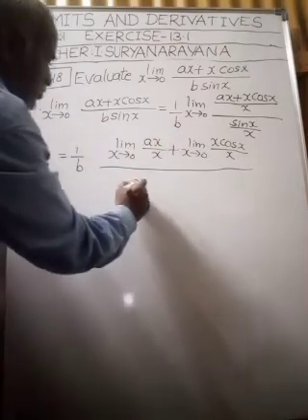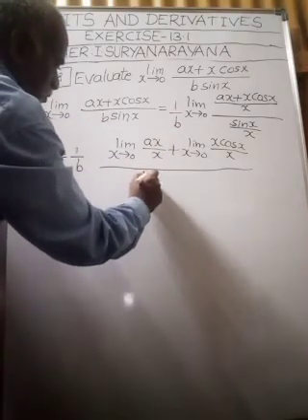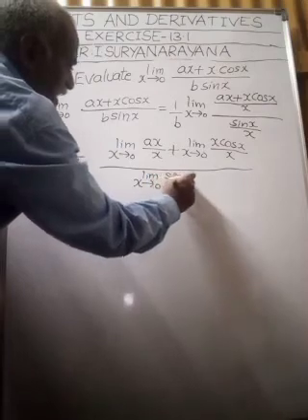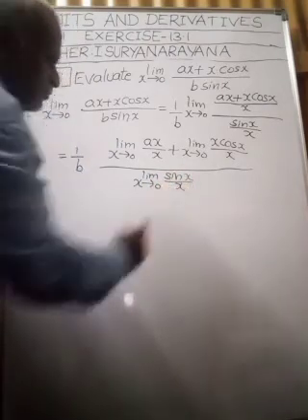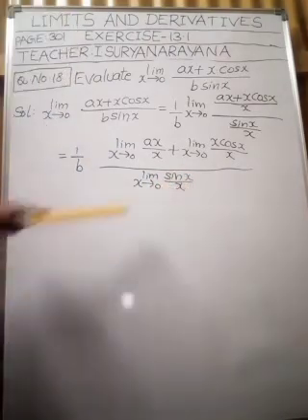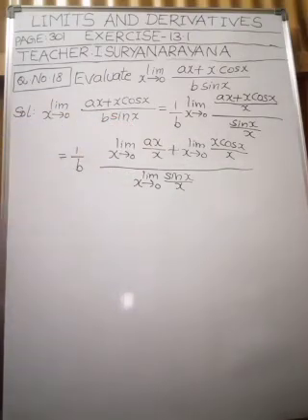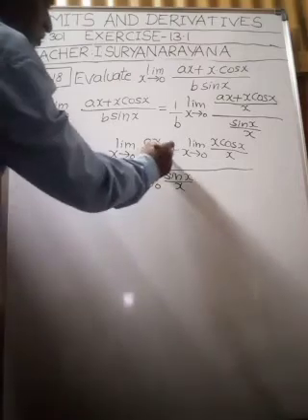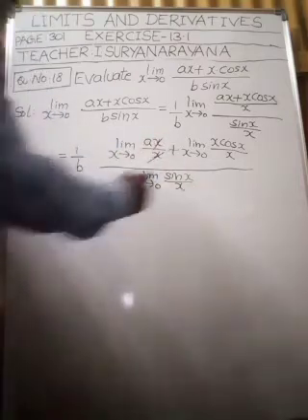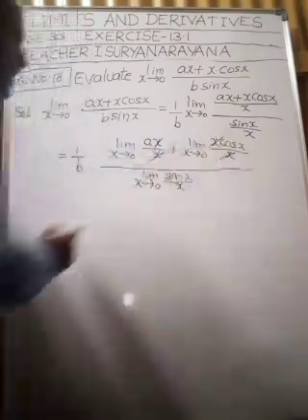Similarly, as x tends to 0, limit sin x by x. Here also, in the denominator, I am finding the limit. Okay, my children, understood this step? Right. Here if you observe, x gets cancelled. Here also x gets cancelled.